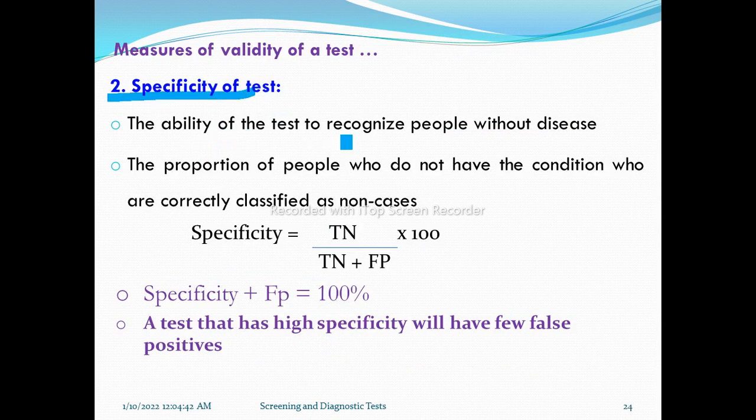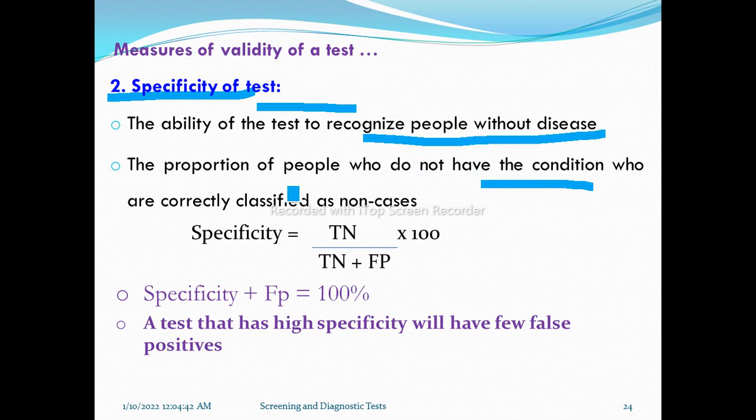The ability of the test to recognize people without disease is called specificity. Sensitivity means recognizing people with disease. Specificity means recognizing people without disease. So it is the proportion of people who do not have the condition who are correctly classified as non-cases.